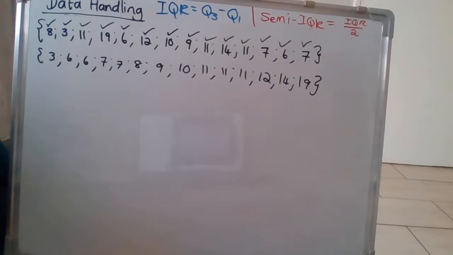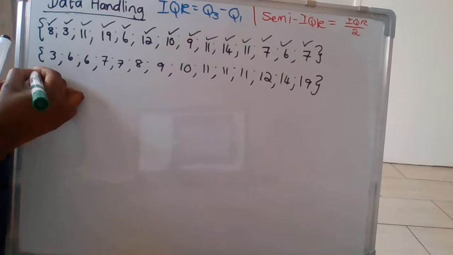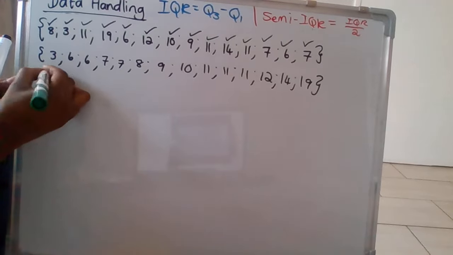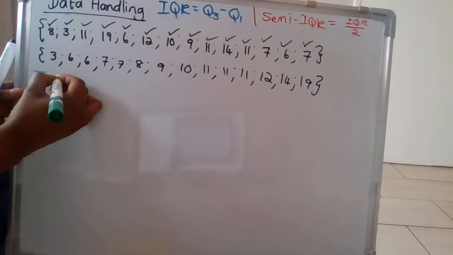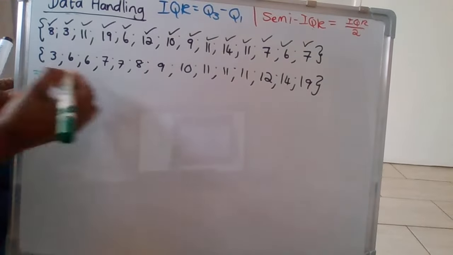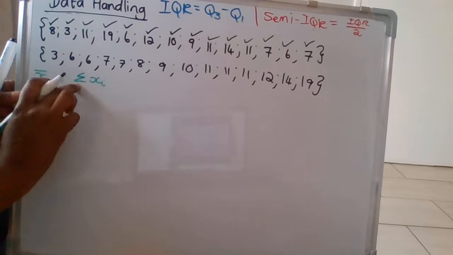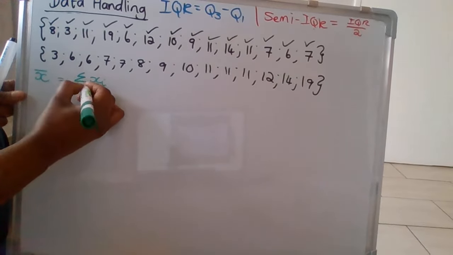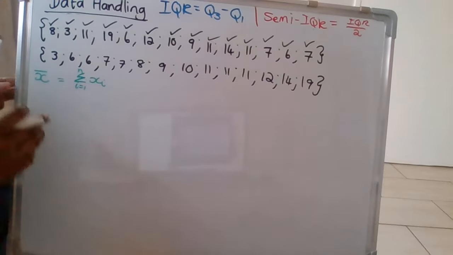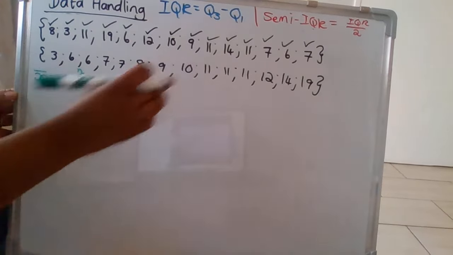So, firstly now we are asked to calculate the mean. So, when you're calculating the mean, we write it like that. So the mean would be us adding all these values. So we normally write it as this, which implies the sum. Okay, so the sum of my x values.